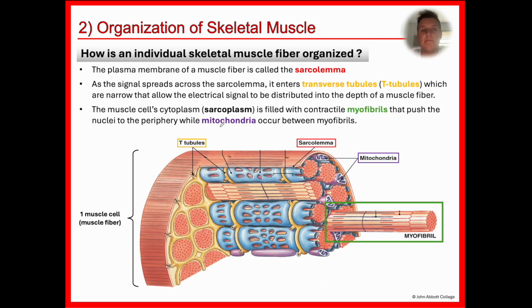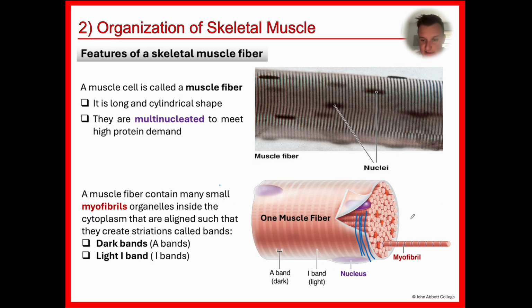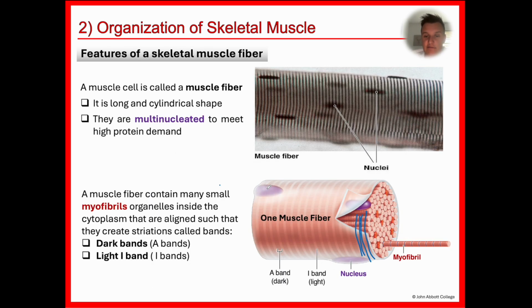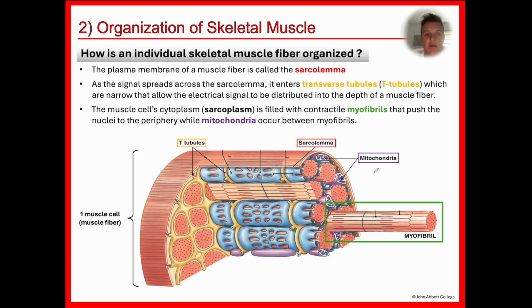So, how is an individual skeletal muscle fiber organized? This over here, right? This is as if I sliced this in half and took out a little chunk here. This is a piece of this, right? I want us to know a few terms. So the plasma membrane, of course, we can't just keep the term plasma membrane.